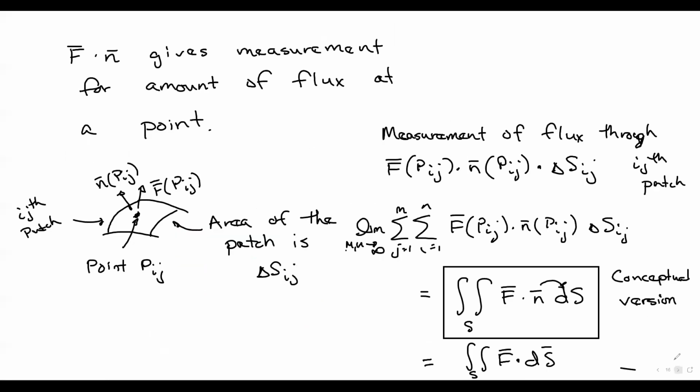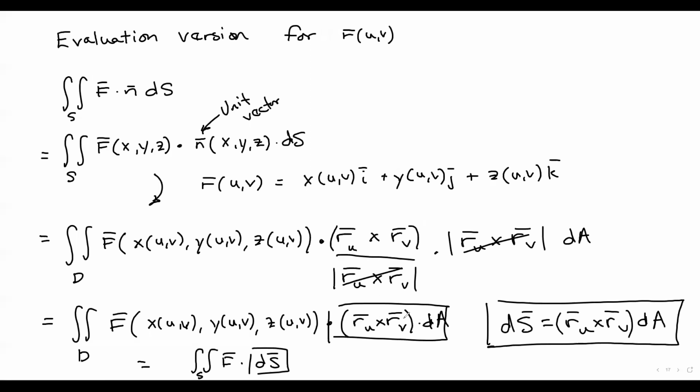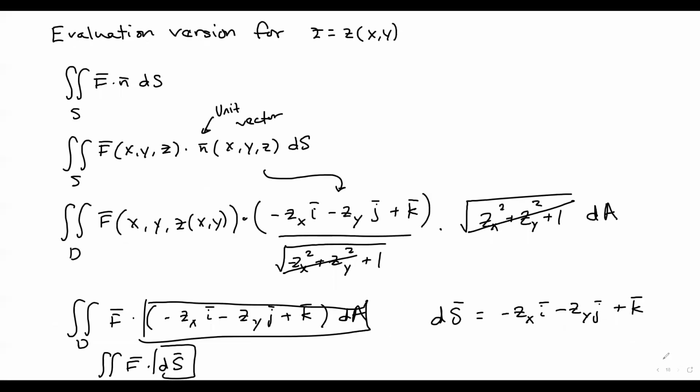So when you're going through and doing r_u cross r_v in the problem, you do need to check to make sure that r_u cross r_v is oriented properly with the surface. If you have upward pointing normal vectors, you want r_u cross r_v to point upward, and then this is the correct definition, because it has plus k in it.